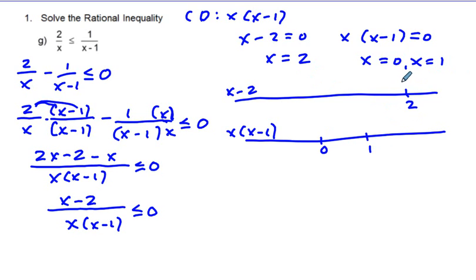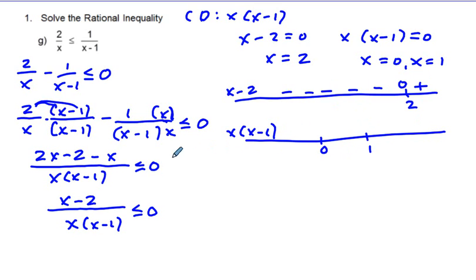And for the numerator, at x equals 2, we have 0. And to the left of 2, we have negative. So do you see how I'm lining these negative signs up over the x values and intervals? So everything is accounted for. And to the right of 2, the numerator is positive.